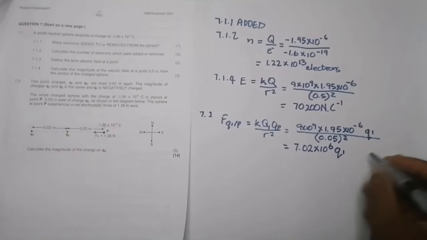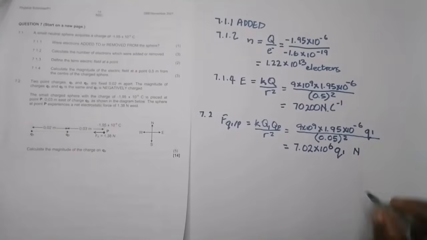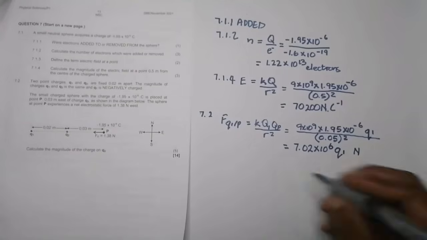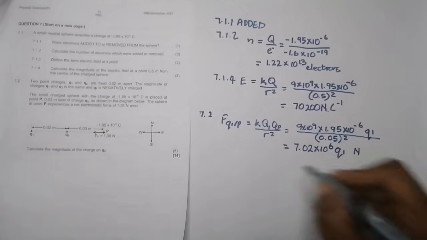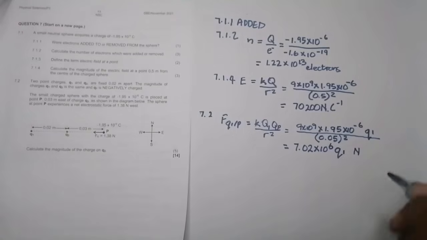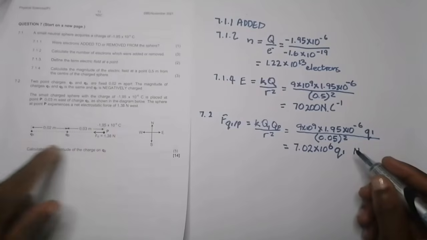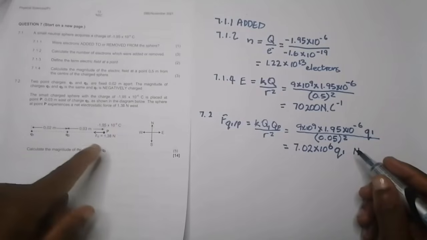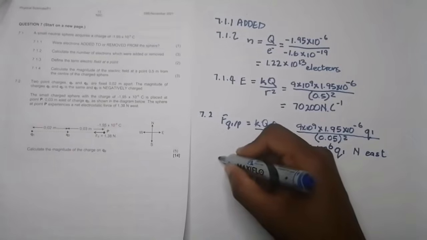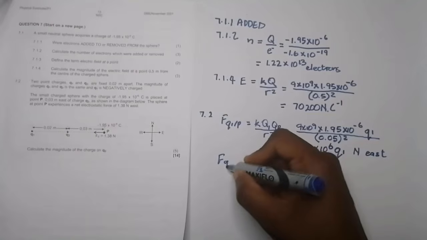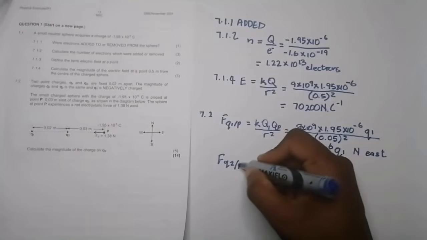So that's our expression for the force. Now I'm going to do exactly the same thing for Q2. By the way, I do know that this force, we did say it's a force of repulsion, so this must be eastwards.